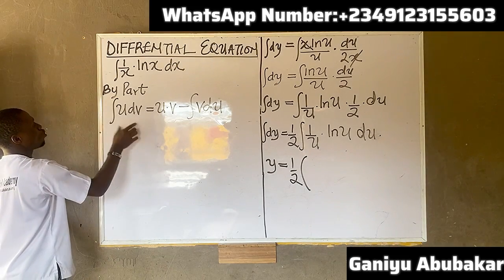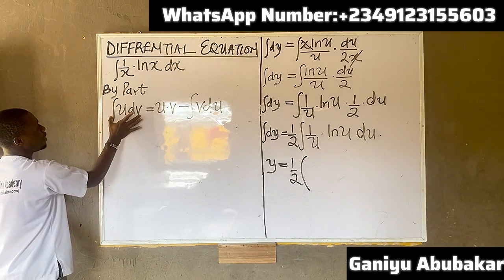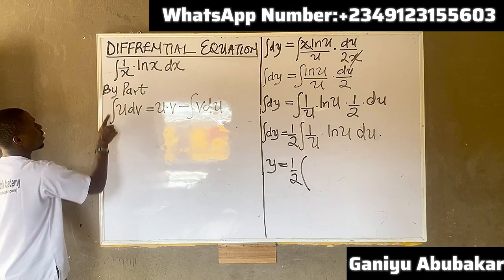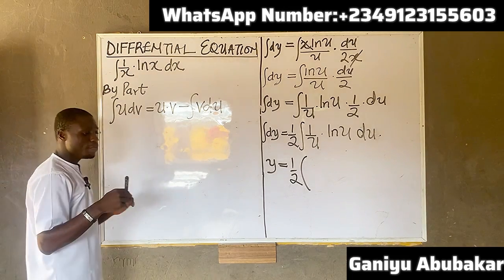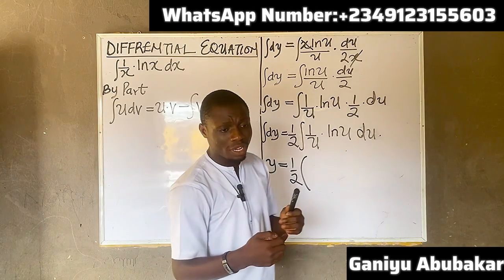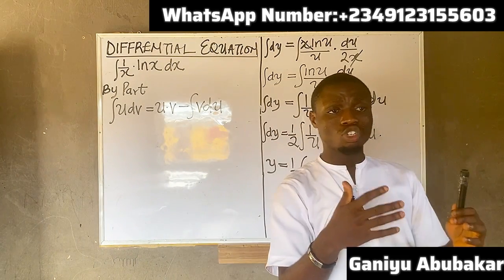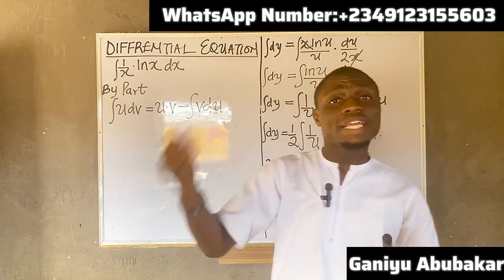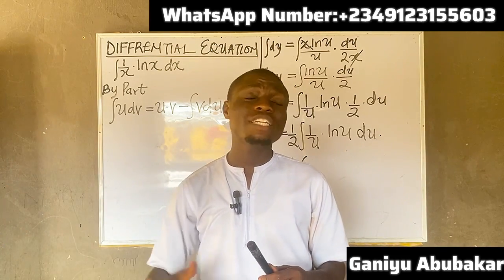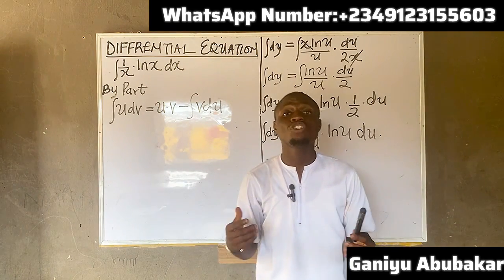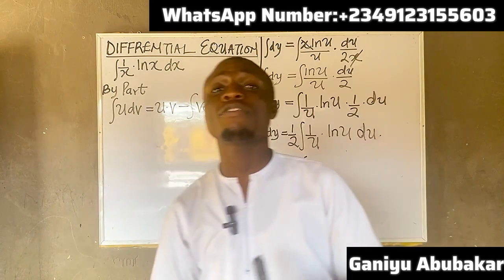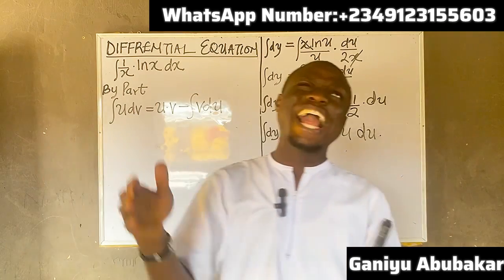First, I'm going to compare this one with this. Integral is integral, so u and dv. If you check our video on integration, I told you which term should be u and which should be dv. Usually u terms are terms with a log function, ln function, or exponential function.